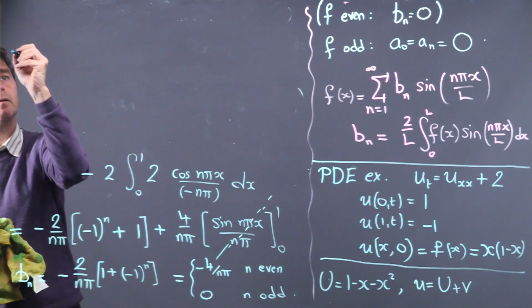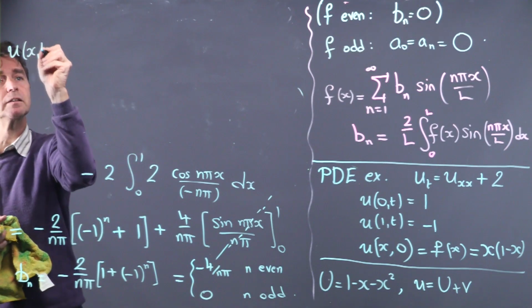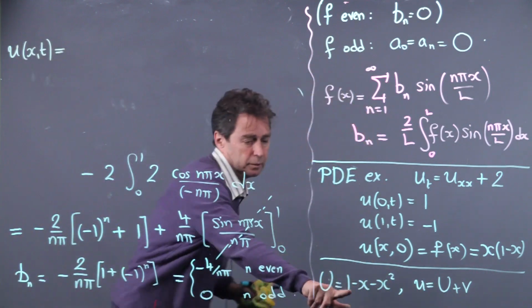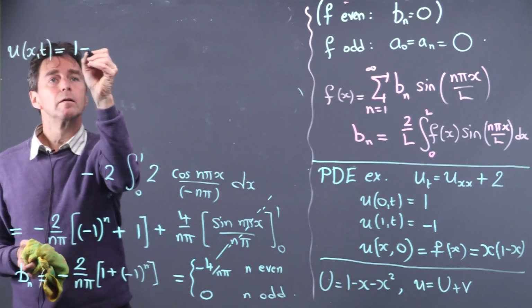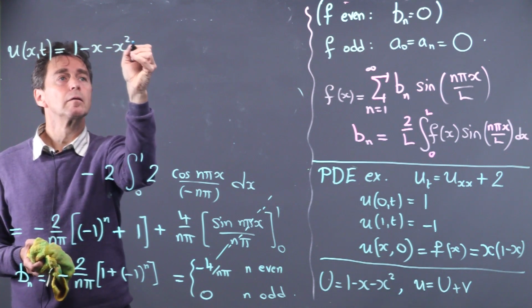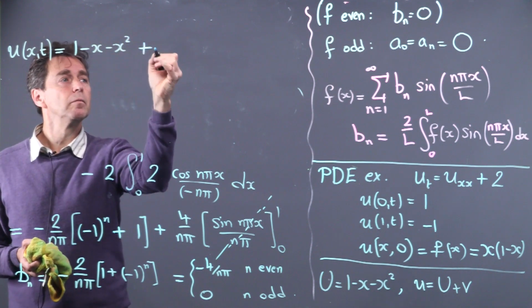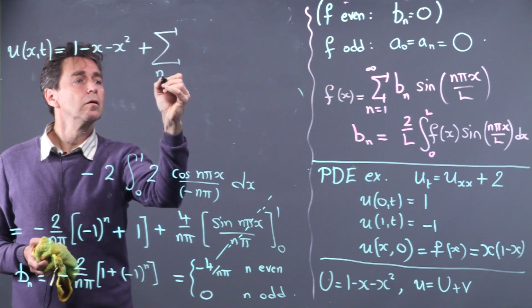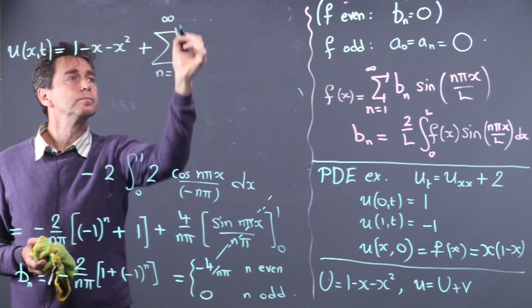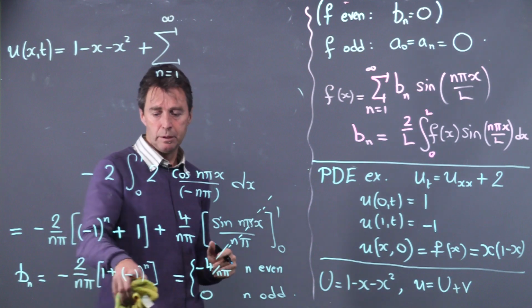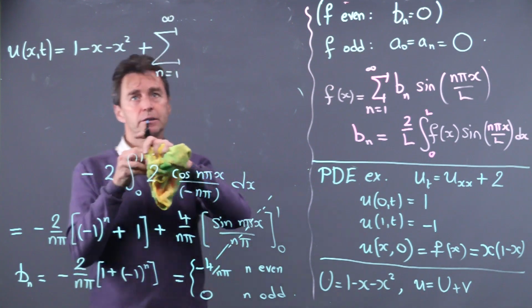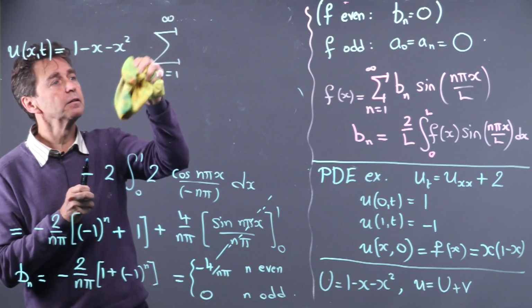So I've got u of x and t is equal to, right, so there's a big U, there's big U. And then I've got my sum. Here's B. So there's a minus sign, so let's just switch the sign out front. Take that into account.